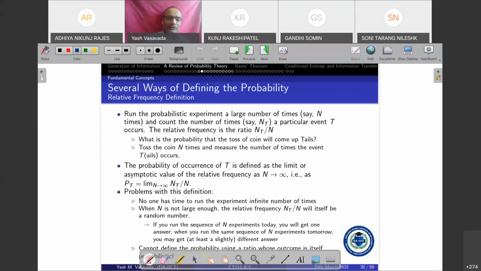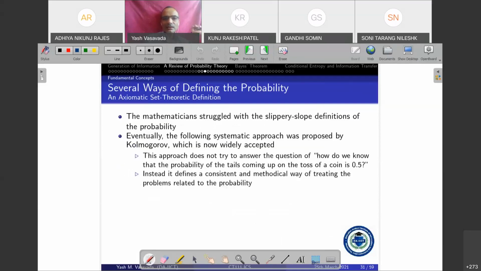So then one mathematician in Russia said that I'm going to put all such practical issues under the rug, and I'm going to now just give some definition of probability which is going to be consistent.